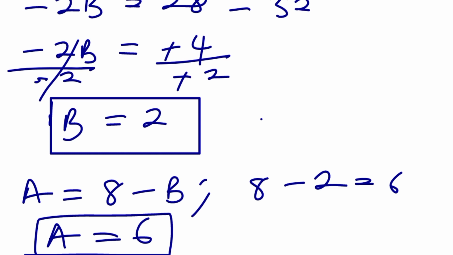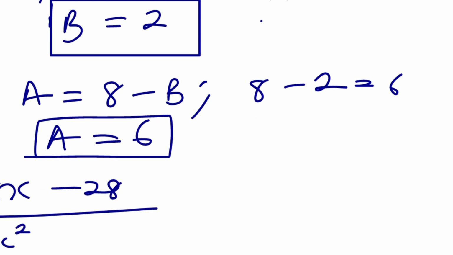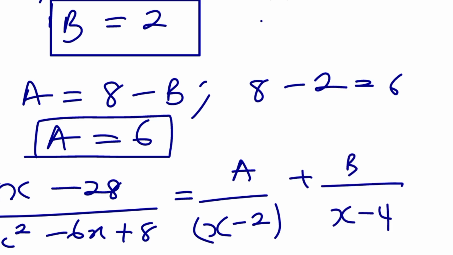expression we defined previously. So we can say that 8x minus 28 divided by x squared minus 6x plus 8 is equal to a divided by x minus 2, and then the other one, plus b divided by x minus 4.